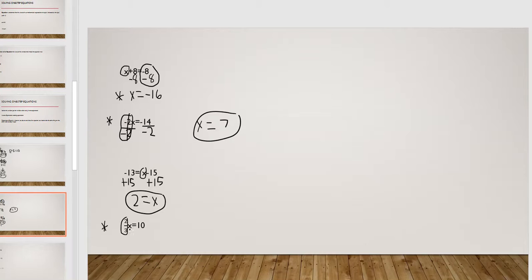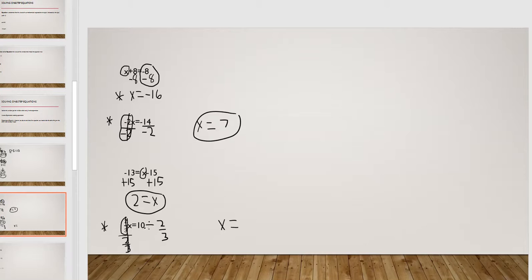So if we want to get rid of the multiplication of 2/3 so that the x is all by itself, we have to divide by 2/3. And if we divide the left side by 2/3, we have to divide the right side by 2/3. Okay, so 2/3 divided by 2/3. That's going to give us a 1x.